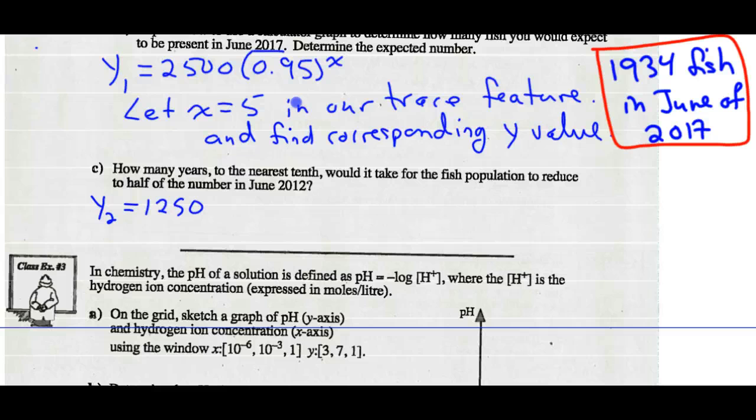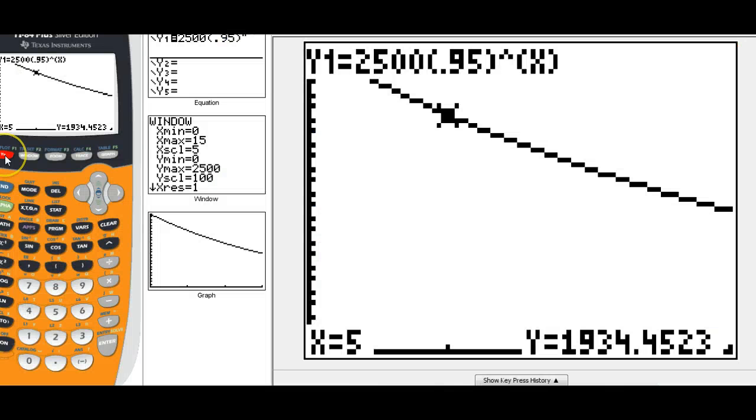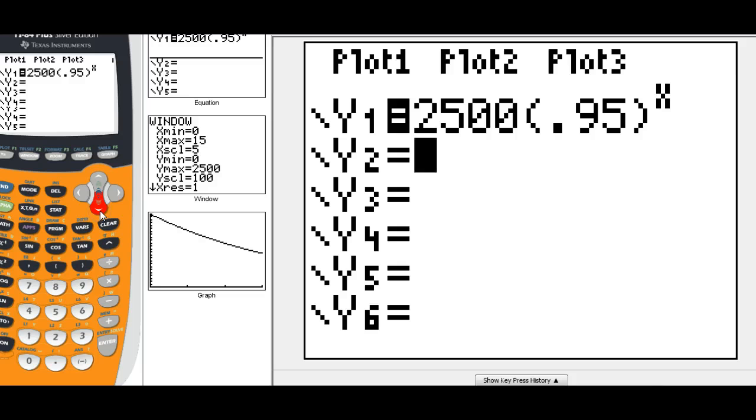And I'm going to find the point of intersection of Y1 and Y2. So we already have Y1 in our calculator. Let's go to it and type in Y2. In Y2, I'm going to take half of 2,500, 1,250.